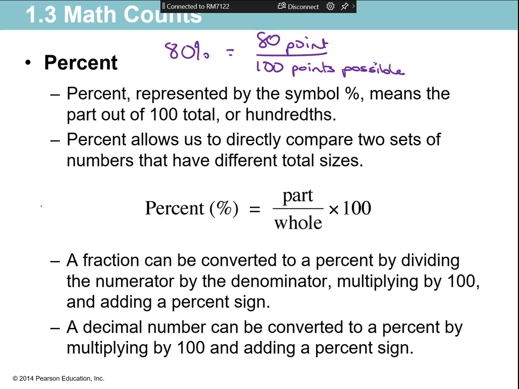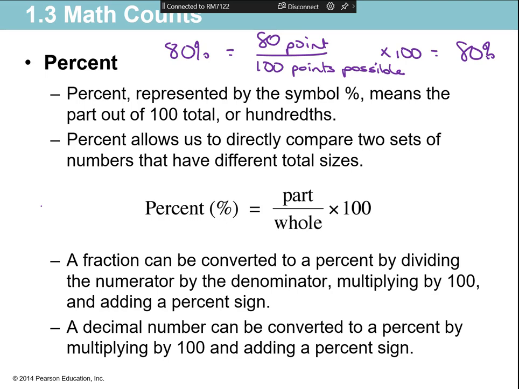So the part is what you got, an 80, divided by the total possible points, which would be 100. Now, 80 divided by 100 would be 0.8. So thinking about things in terms of a decimal or a fraction is not as comfortable for people. So that is why you take that answer and multiply it times 100. And that's actually how you get that 80%.